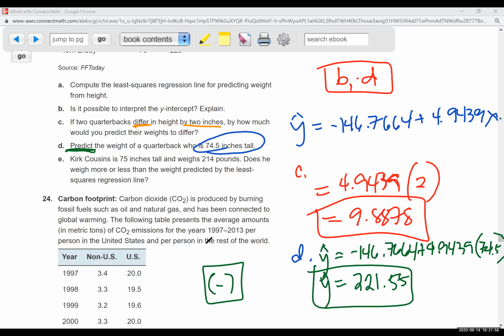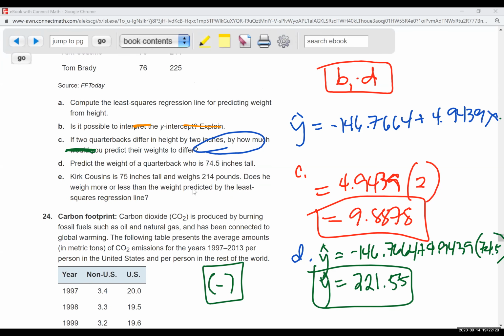So 221.55. Thank you. Then letter E, Kirk Cousins is 75 inches tall and weighs 214 pounds. Does he weigh more or less than the weight predicted by the least squares regression line? Kirk Cousins is 75 inches.